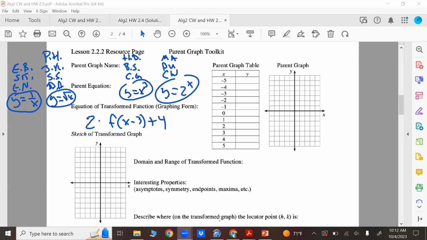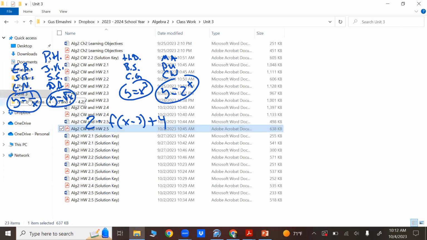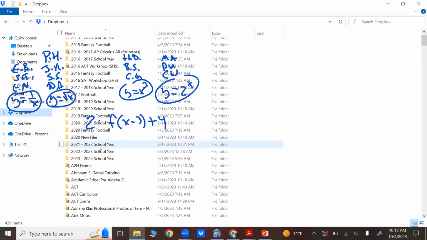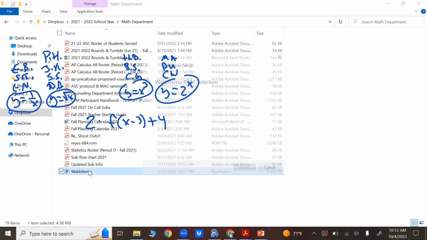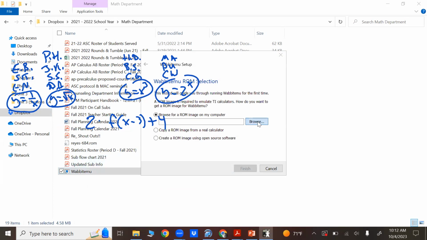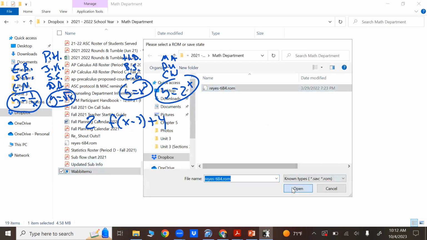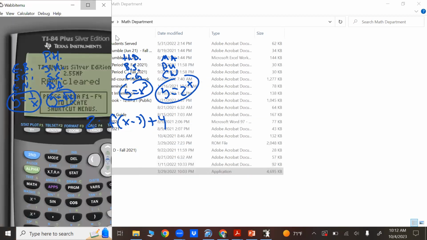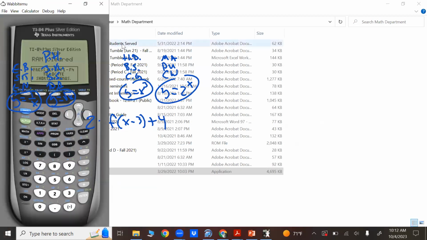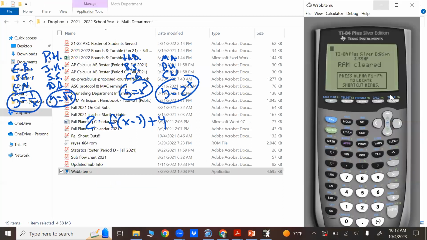If you guys like, you can use your graphing calculator to do this more efficiently. So for example, the group that has y equals x cubed.